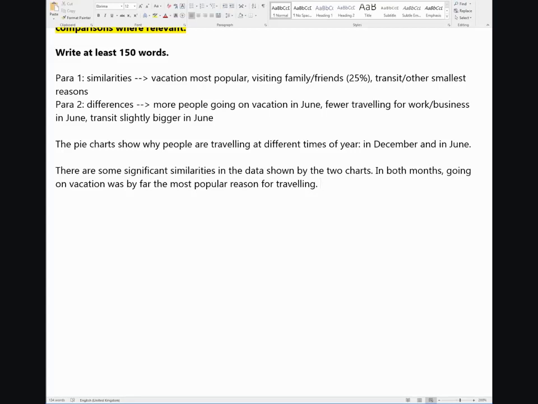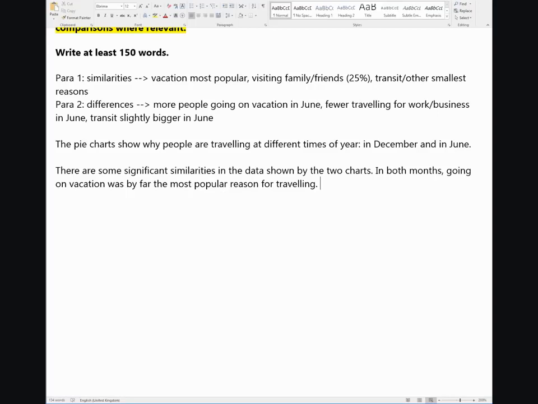And this is a good general approach for task 1 of the academic IELTS writing exam. Start general and get more specific as you write. I think I will probably include some data in this paragraph, but I'm starting with more general points and then continuing to more specific points, and that's a good structure to follow in general.